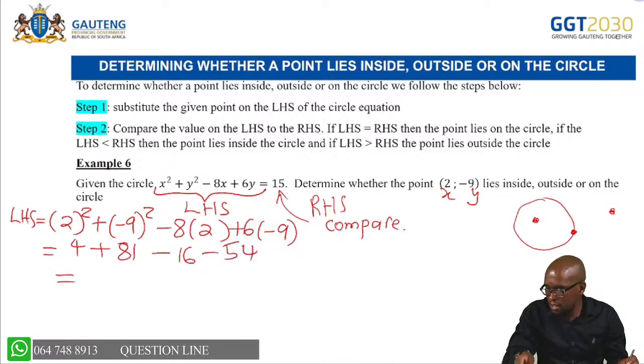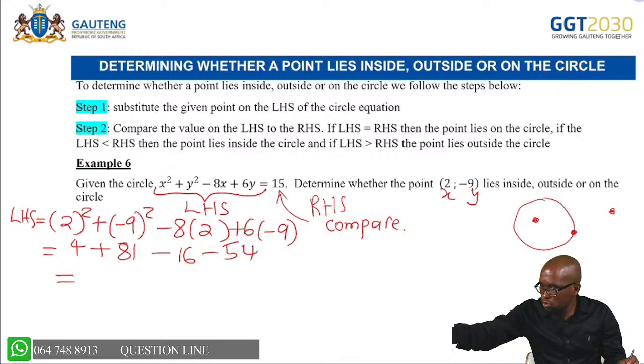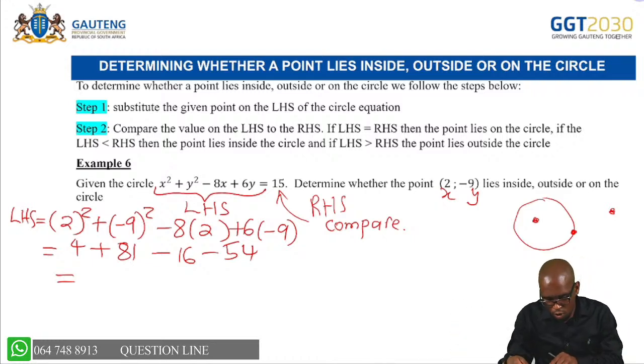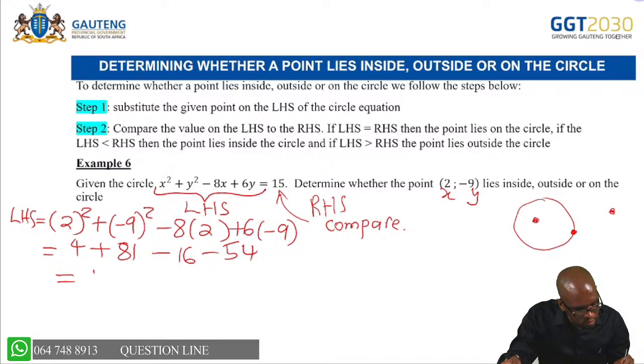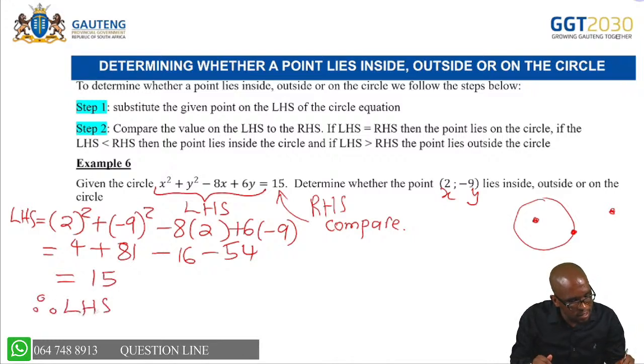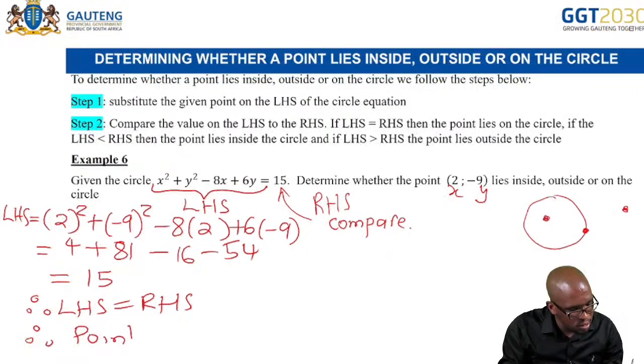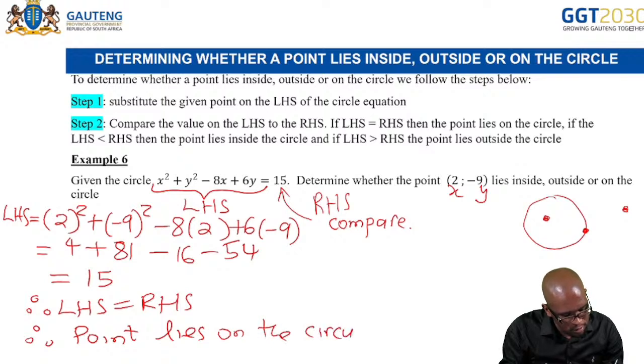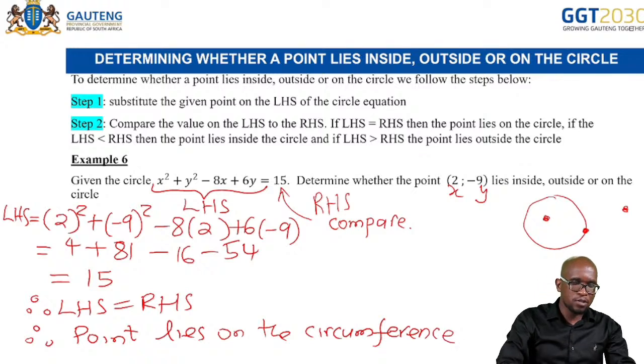If we simplify this further, we get 4 plus 81 minus 16 minus 54. This gives us 15. So you can see that the left-hand side is exactly the same as the right-hand side. Because they're exactly the same, the point lies on the circumference of that particular circle.